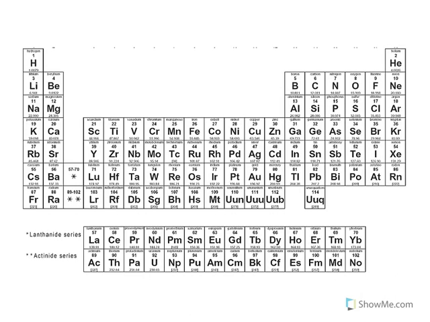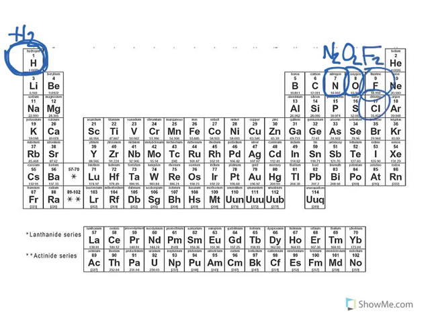There are 7 elements that are always going to be diatomic. One of them is hydrogen, which is always going to be H2. Nitrogen is always N2. Oxygen is O2. Fluorine is F2. Chlorine is Cl2. Bromine is Br2.